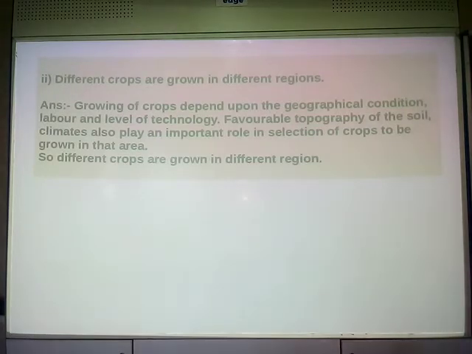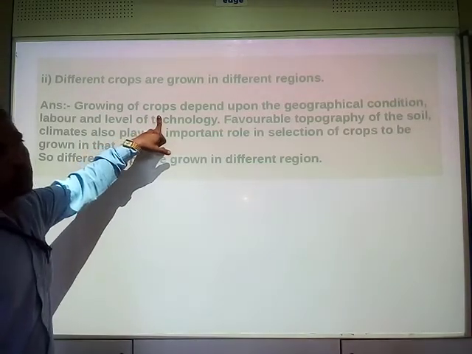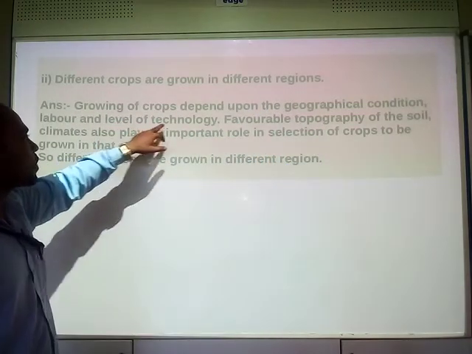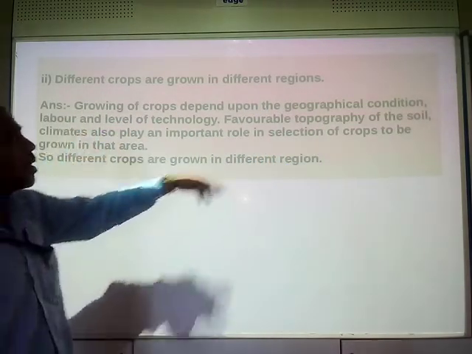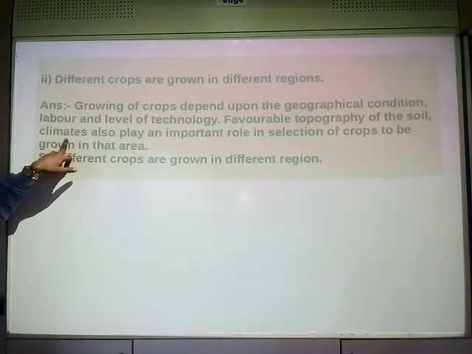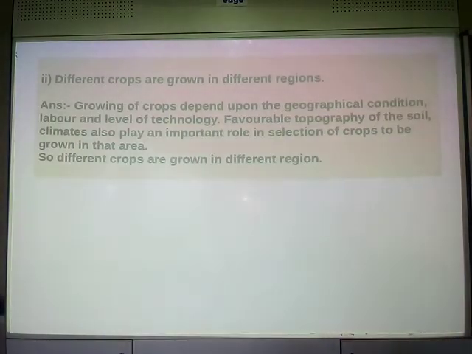Here the region means area. So different crops are grown in different regions because crop growth depends on geographical condition, level of technology, labor, favorable topography of the soil, climate, and all these conditions or factors.